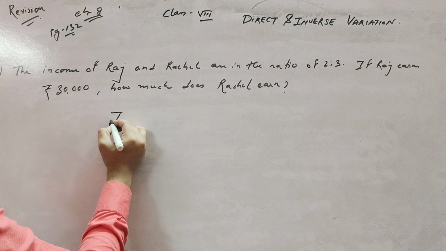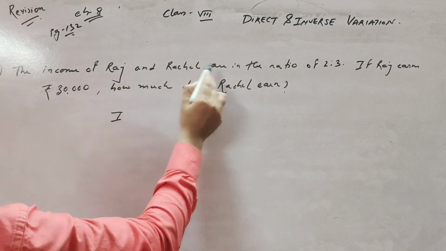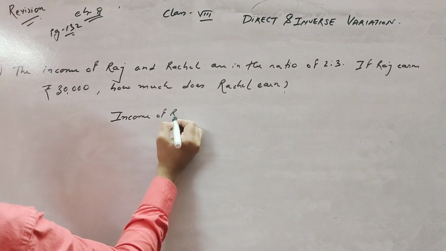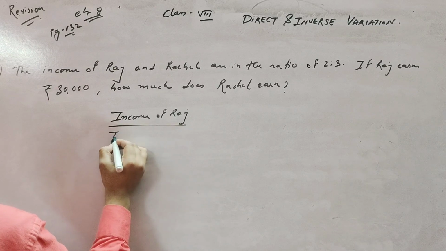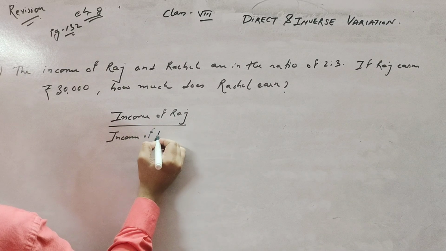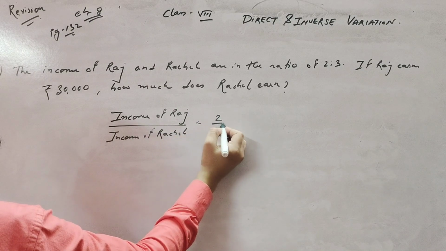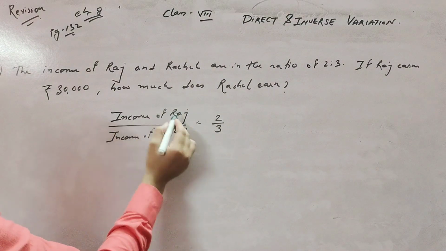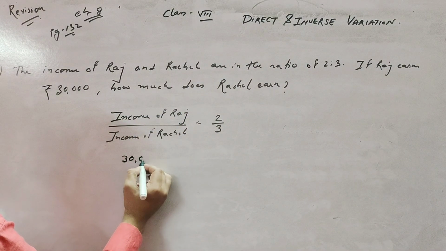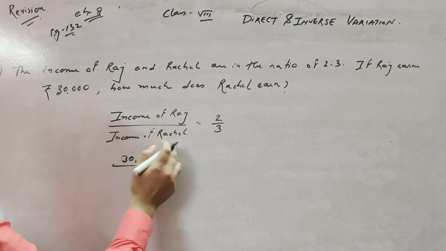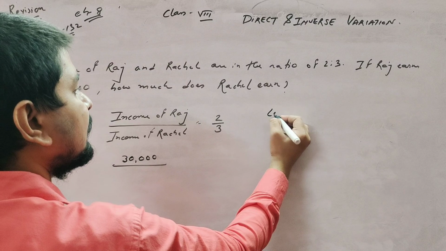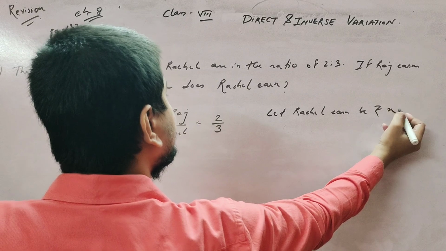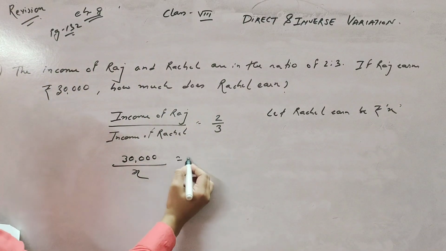Given that the incomes of Raj and Rachel are in the ratio 2:3, we write income of Raj by income of Rachel equals 2 by 3. Given Raj earns 30,000, in place of income of Raj we write 30,000, and in place of income of Rachel, let Rachel earn rupees x, equals 2 by 3.